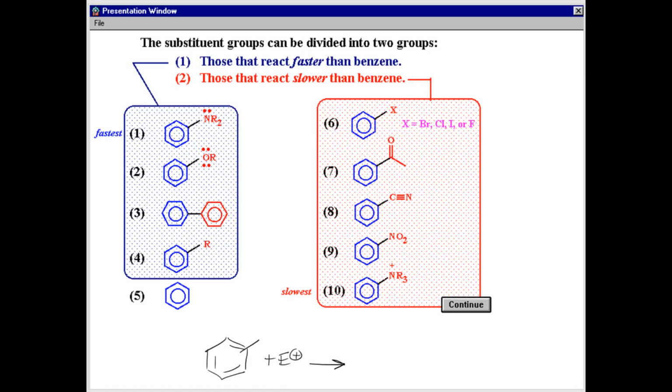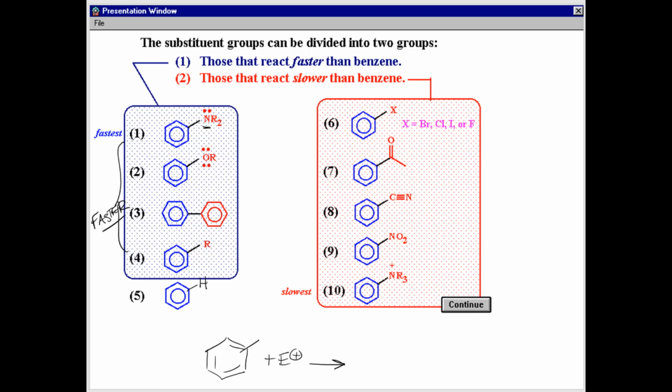And what we find is that when you have a nitrogen group, an amine group on the ring, it goes the fastest. When there's an oxygen group, it goes second fastest. When there's a benzene ring, it goes third fastest. And when it has an alkyl group, it goes fourth fastest. When there's just a hydrogen on the ring, all four of these go faster than benzene.